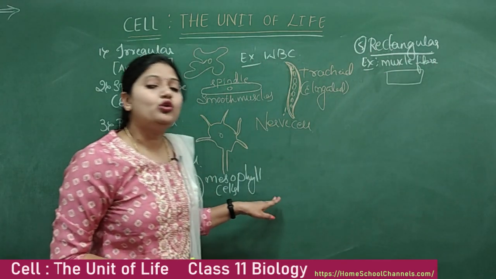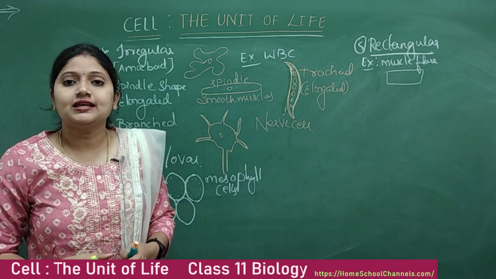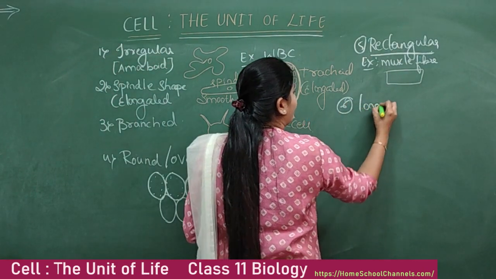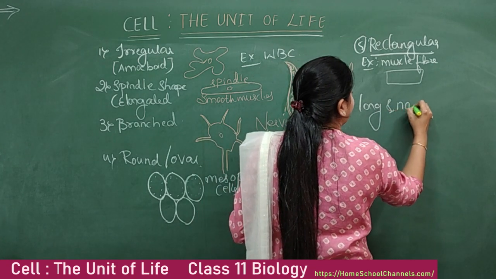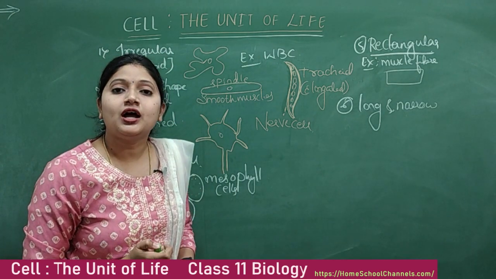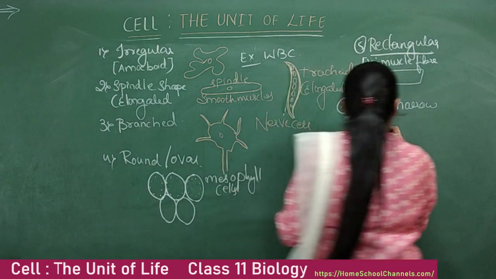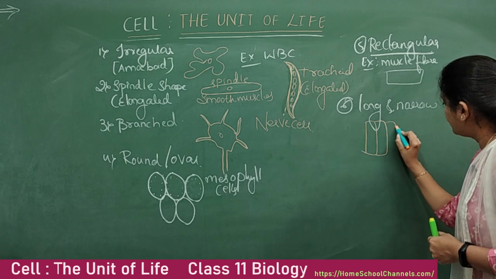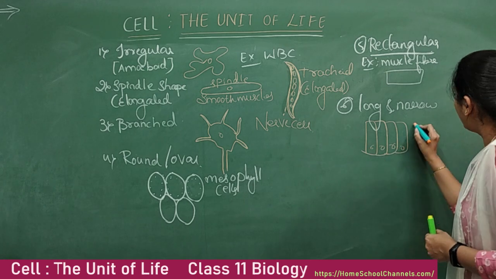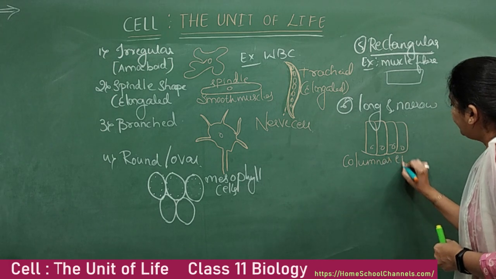Okay, then one more important shape of the cell is the long cells or narrow cells. Long and narrow. Fine. An example for this is the columnar epithelial cells. So how are they arranged? They are arranged this way. Columnar epithelial.